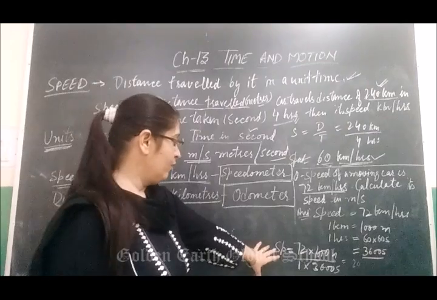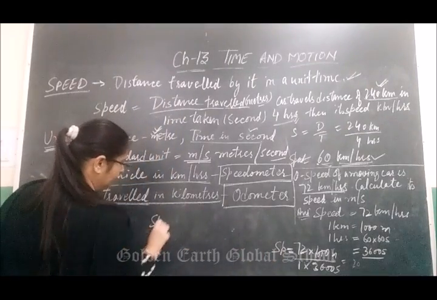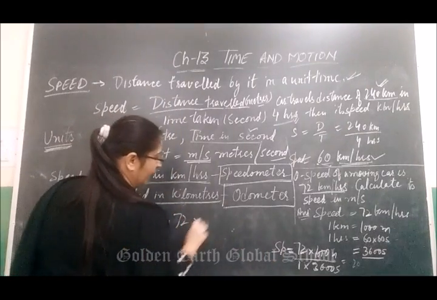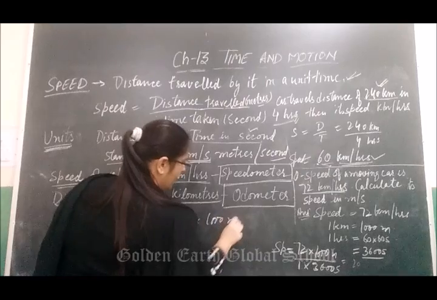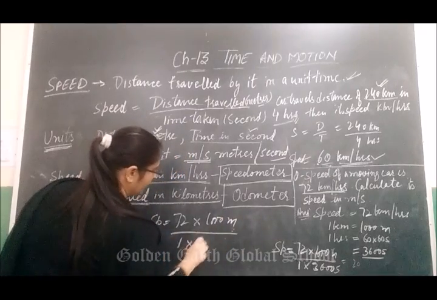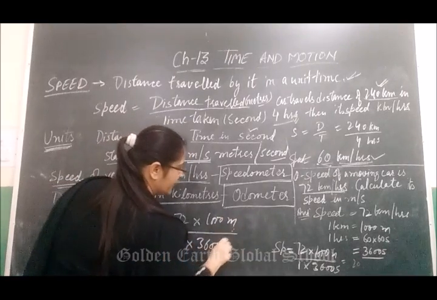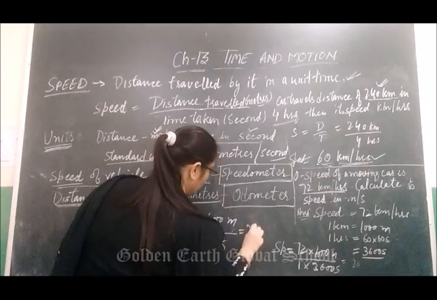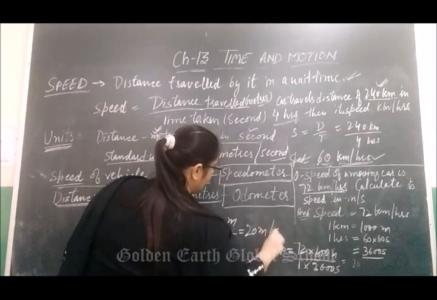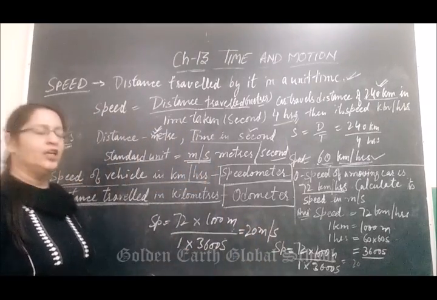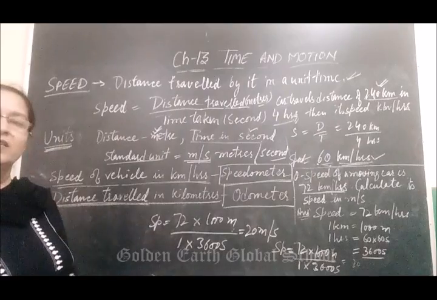When we write speed is equal to 72 into 1000 meters upon 1 into 3600 seconds, it will be 20 meters per second. The answer is 20 meters per second.